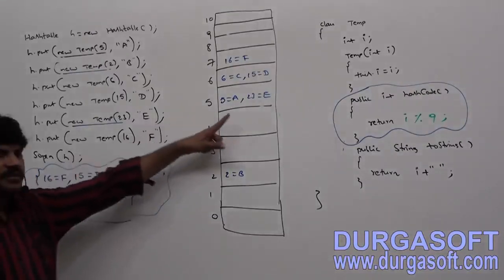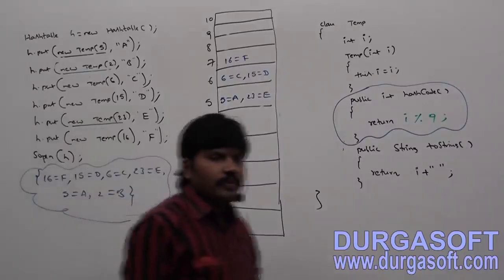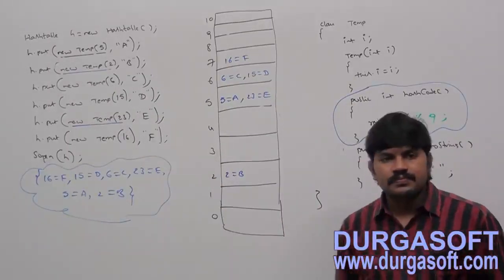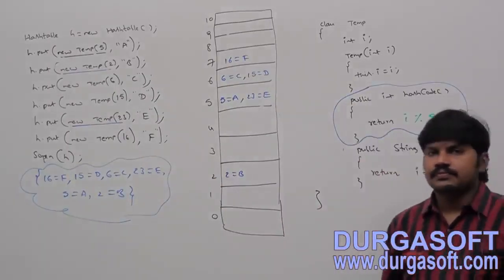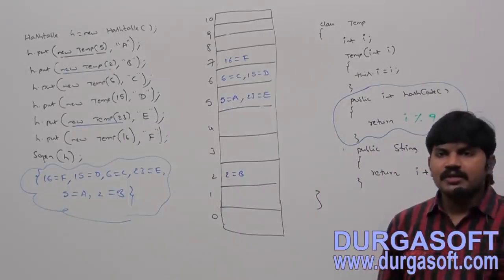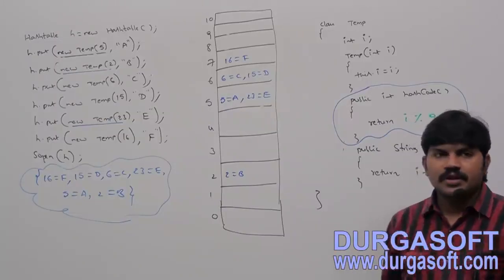Now it is better to take this diagram and the output also. Take the diagram and output. So if we change the hash code formula, automatically there is a change in our output. Are you getting the point, right?